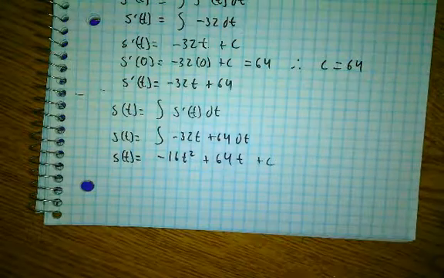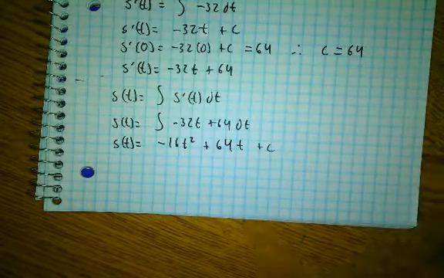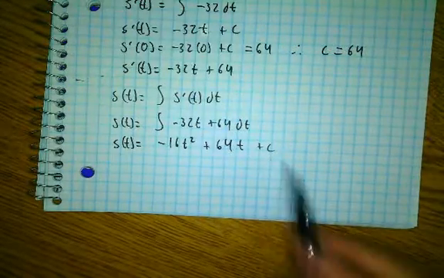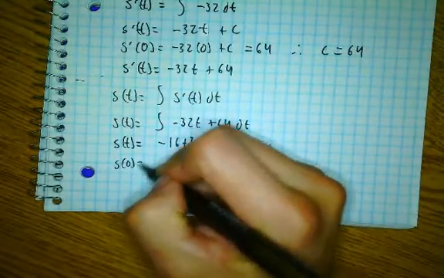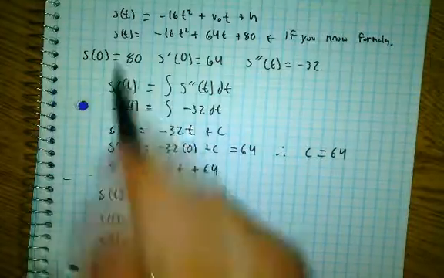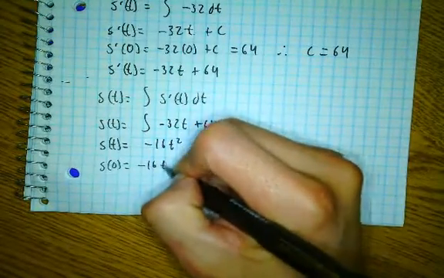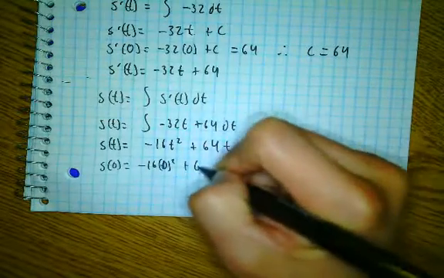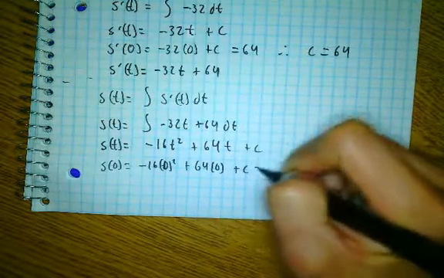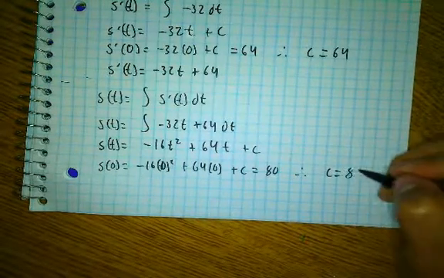And therefore, s of t would be given by the equation negative 16t squared plus 64t plus 80. Is that the same function we got earlier if you knew the actual formula? And that's actually where the formula came from. For those of you that were wondering last year where that formula came from, it's from the calculus of it.